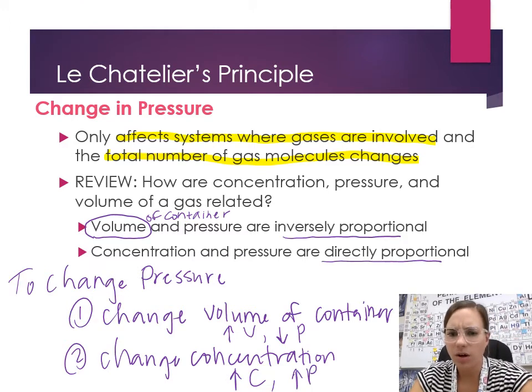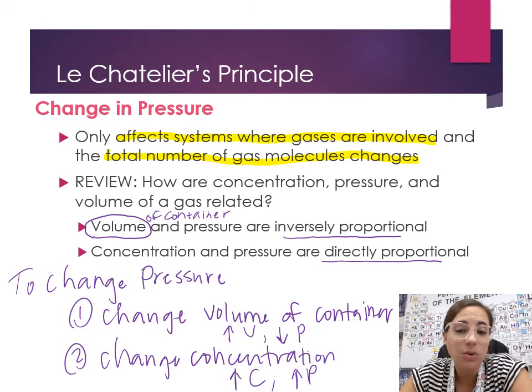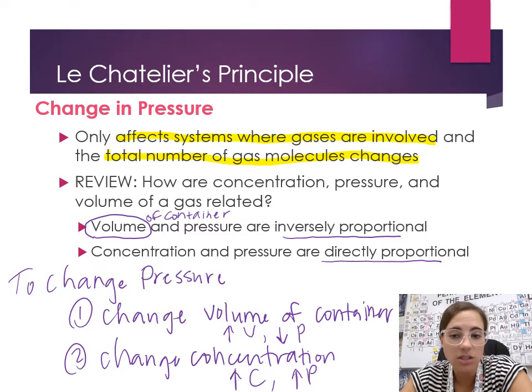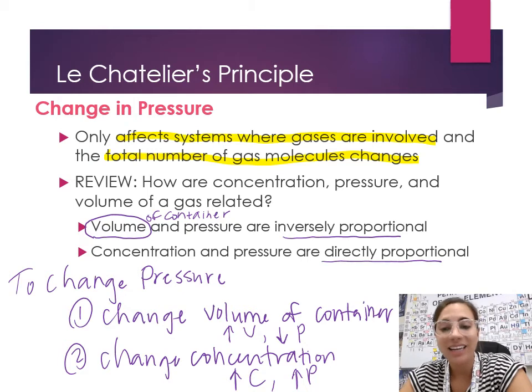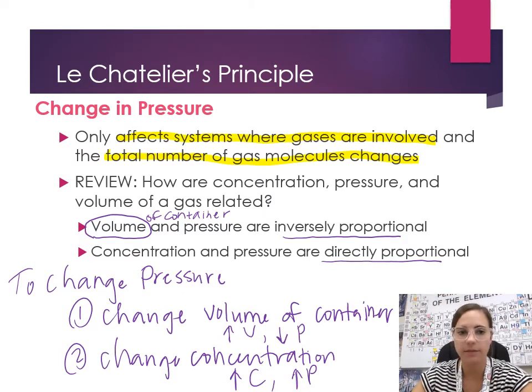So why do I tell you all of this before I tell you how we shift to counteract that change? Because a question is most likely not going to ask you what happens if you increase the pressure. It's going to ask you what happens if you decrease the volume of the container. And you need to know then that decreasing the volume of the container increases the pressure. So what happens then?